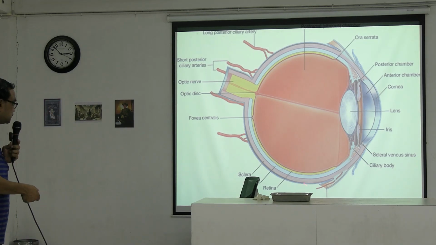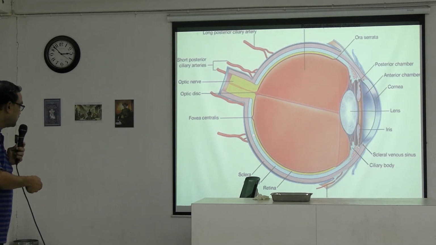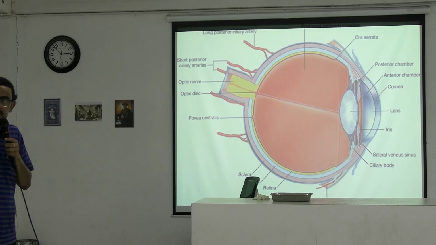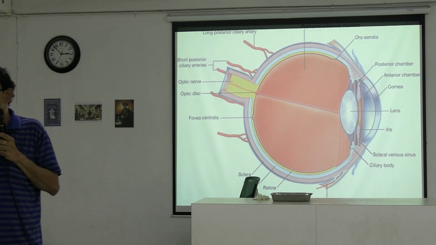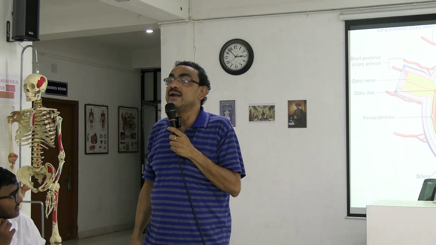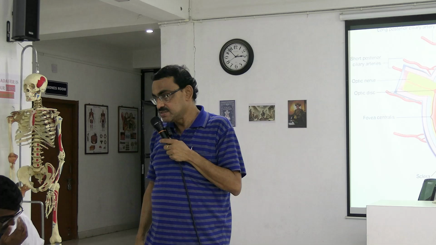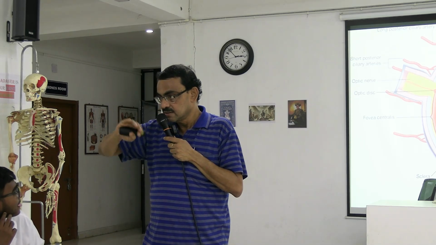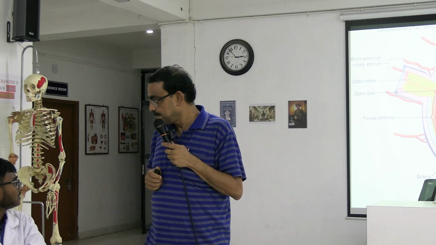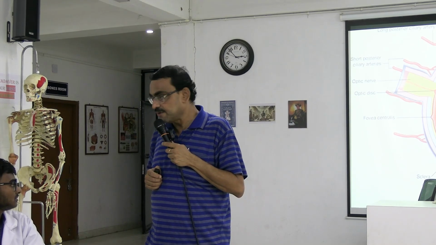Now here we can find the sclera, and in between sclera and the choroid there is a fibrous layer of separation, which is called suprachoroid lamina, which separates the choroid and the sclera. Avascular structure.